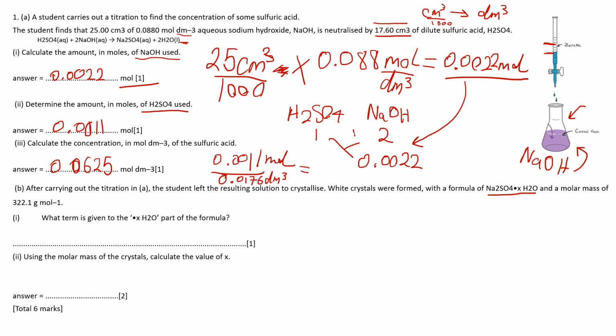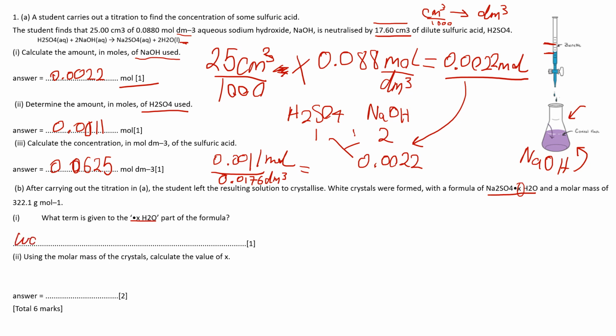And then we have here an unknown amount of water molecules represented as X, and a molar mass of 322.1 g/mol. So they were nice enough to give us the molar mass. What term is given to the .xH2O part of the formula? In this type of question, you would straight away say that it's the water or amount of water of crystallization.